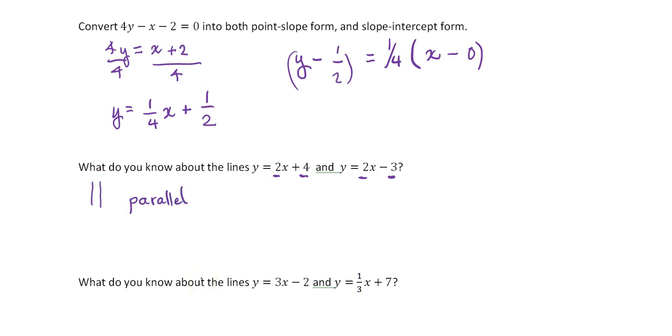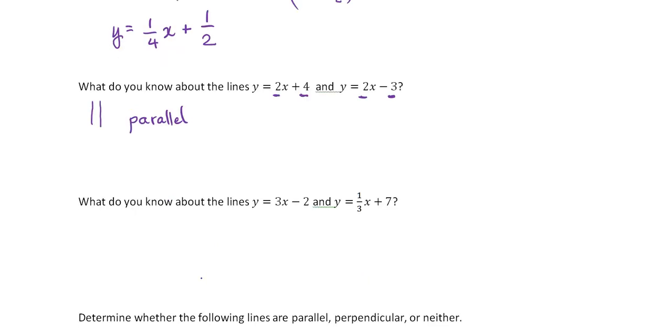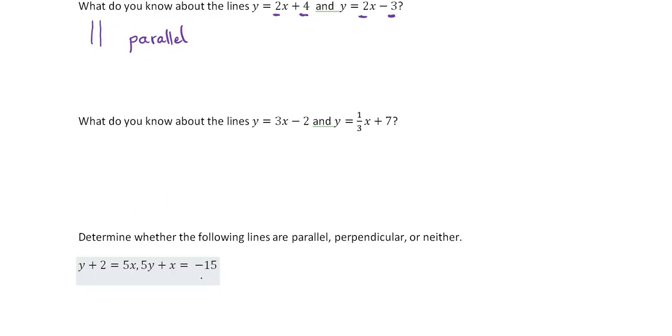So what do we know about the lines y equals 3x minus 2 and y equals 1/3 x plus 7? Alright, so here we go. I've got a 3x and I've got a 1/3. Now, if it's going to be anything, it's going to be perpendicular. So I don't need to worry about what the intercepts are.